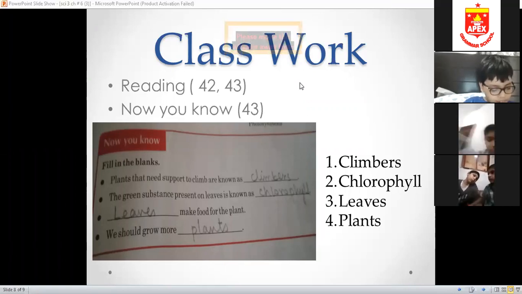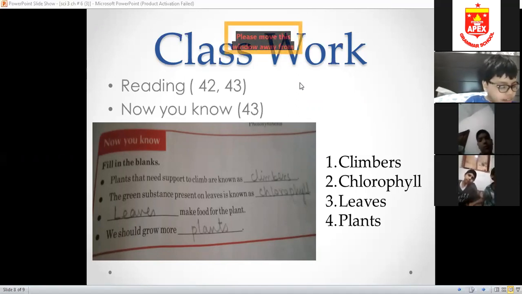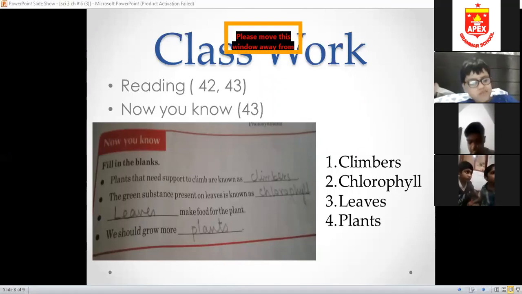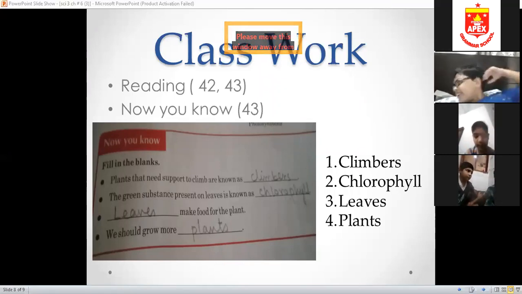Any extra water in the leaf is also given out through the stomata. Okay, thank you, Mahat. Next student who is going to continue from here, importance of leaf, is Shajiha.